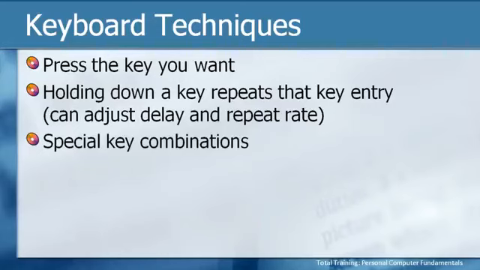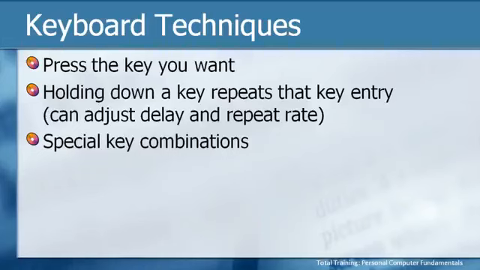Also know that there are special key combinations. When I just said you wanted to type ABC, I said you would press A and release it, then B and release it, and C and release it, and that would type those three letters. But sometimes you actually want to hold down multiple keys at the same time. For example, when I said you could do Alt-F for the File menu, you want to press and hold the Alt key and then press the F key while you're still holding Alt in order to do that.